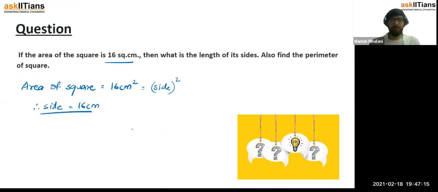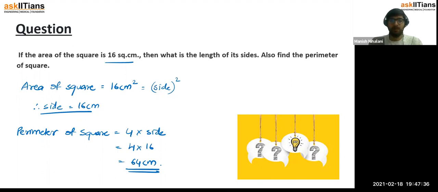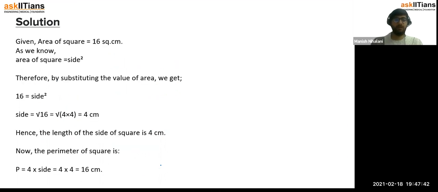Also find the perimeter of the square. The perimeter of a square is 4 into side. So here the side is 16, therefore 4 into 16, which is 64 centimeter, right? So the side is 16 and the perimeter is 64 centimeter, right?